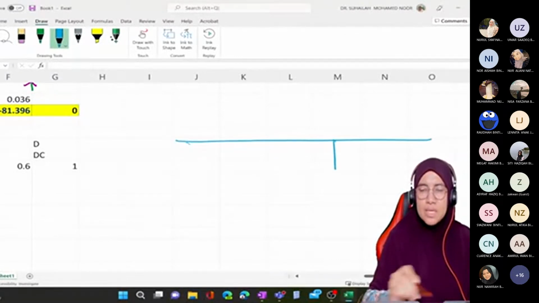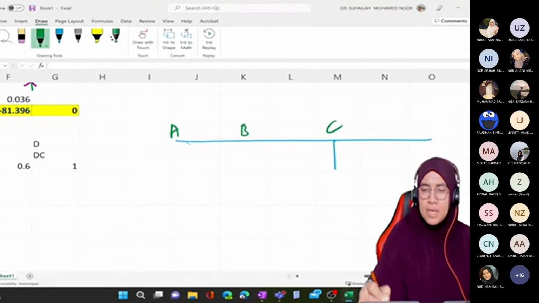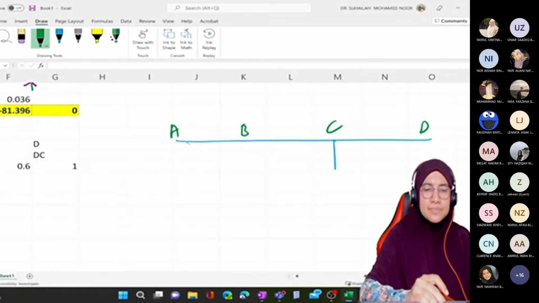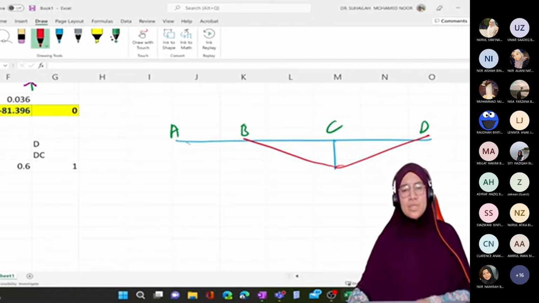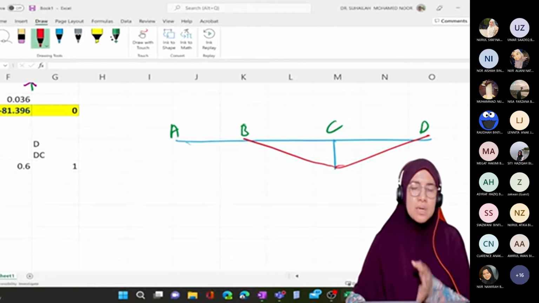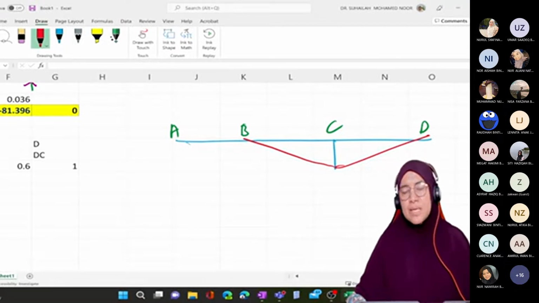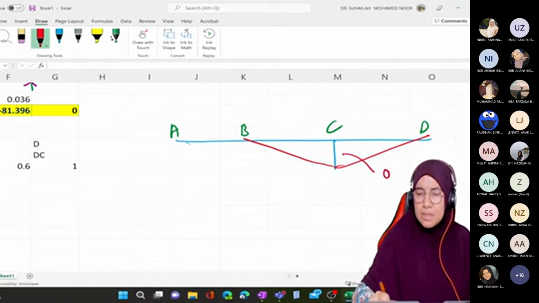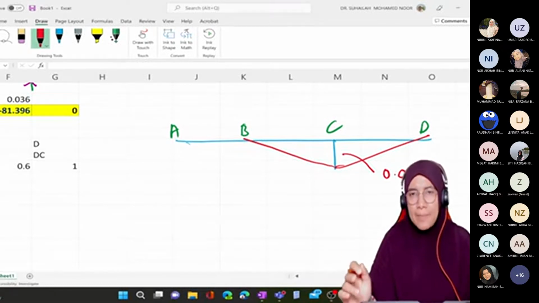Sketch only, so this is C. So we have A, B, C, D. C settle means that A remains at the same position, B remains at the same position, C has settlement 30 mm and D remains at the same position. So 30 mm is here. 0.03.